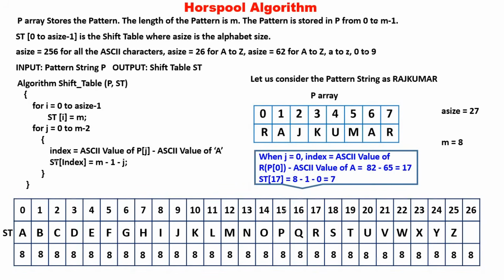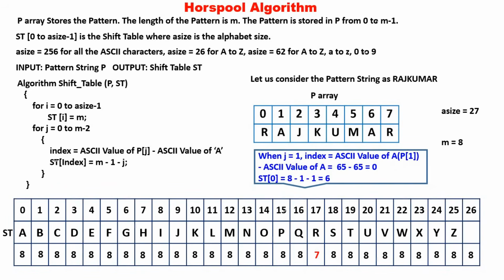So shift table of 17 is equal to 8 minus 1 minus j, value is 0, therefore 8 minus 1 minus 0 is 7. Therefore ST of 17 is 7. Just observe in the shift table, for R it is 7. Next, when j is equal to 1, ASCII value of p of 1. What is p of 1?